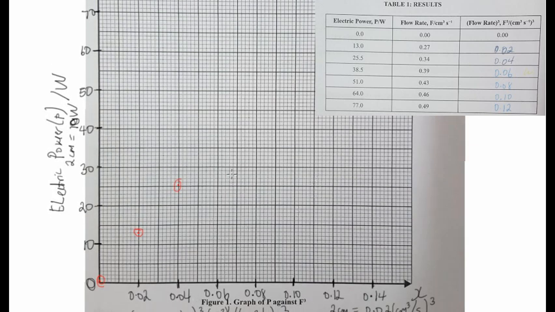So 30 is right here, 35, 36, 37, 38, 38.5, and it will be somewhere right here. And again, I circle the point. Next one now is 0.08, and that matches up to 51. So 50 is right here, and 51 would be right here. So I place my point, and I circle.